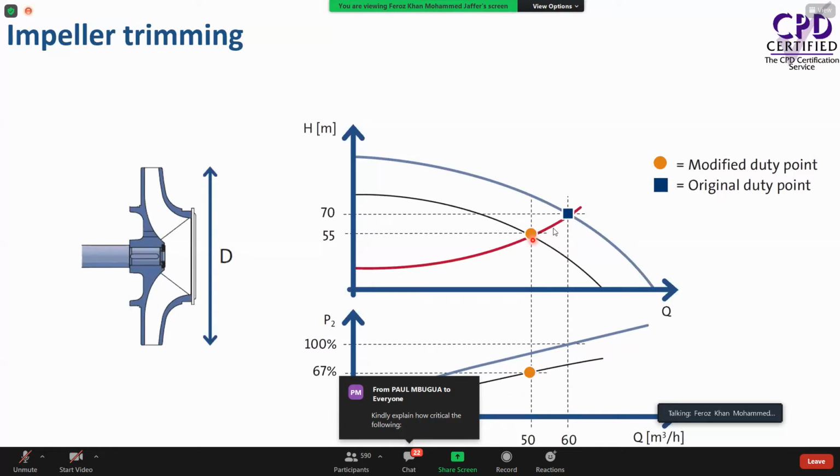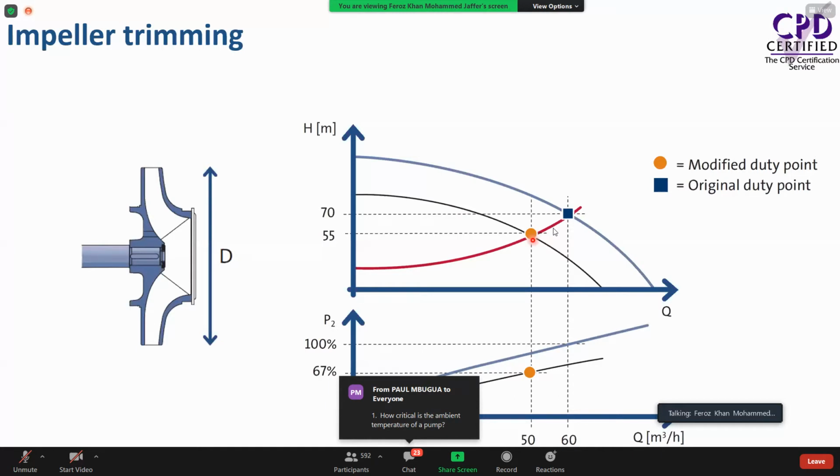Impeller trimming is mostly used for permanent duties, where we are 100% sure that this will be the duty and we will not vary it. Again, we cannot trim the impeller on all pumps, only mostly cast pumps of higher flow rate in general.